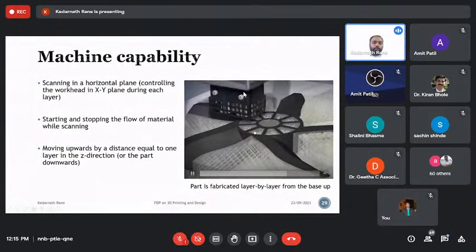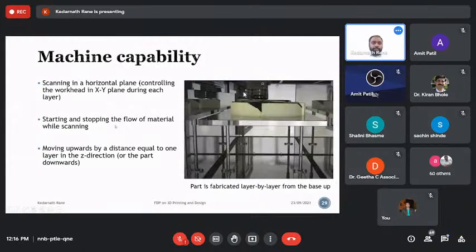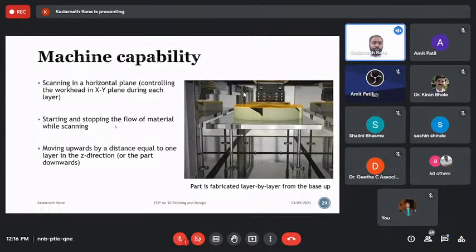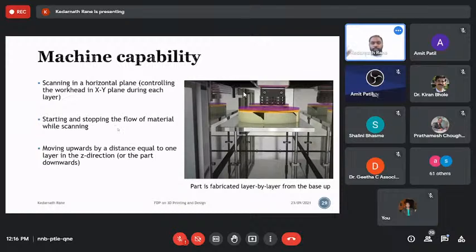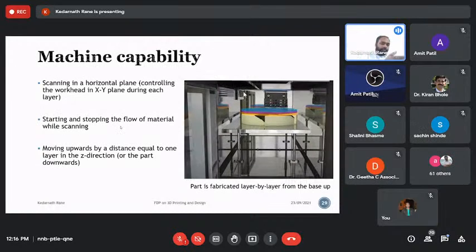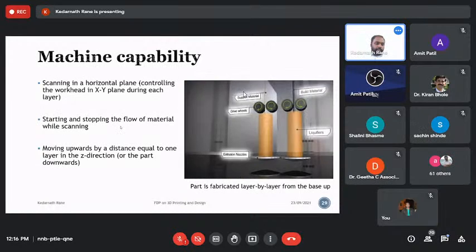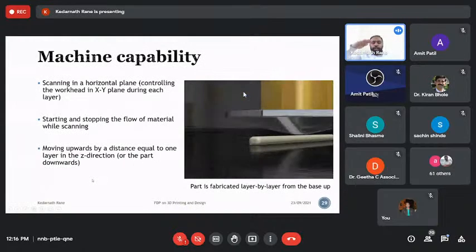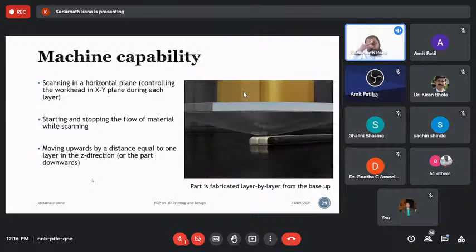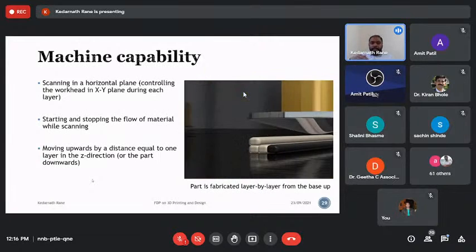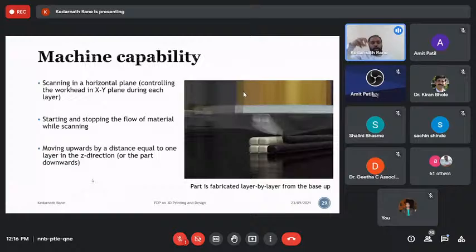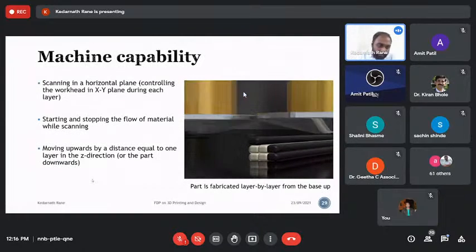Starting and stopping of the flow is an important criterion for the machine to process this kind of material, because you need to stop at one end, then resume the printing from another end. Then the machine should also move up or down. Either the machine, the bed or the nozzle should move up and down to get the part 3D printed.